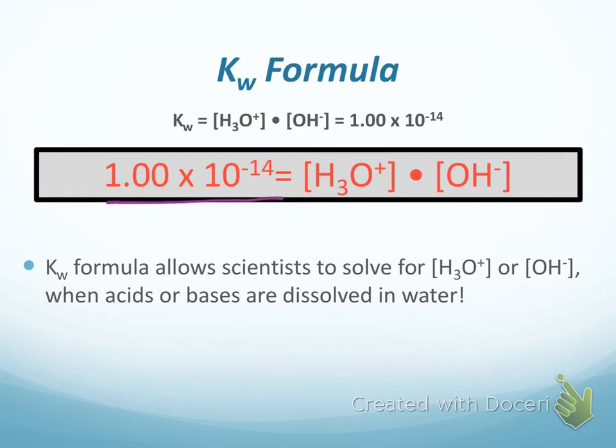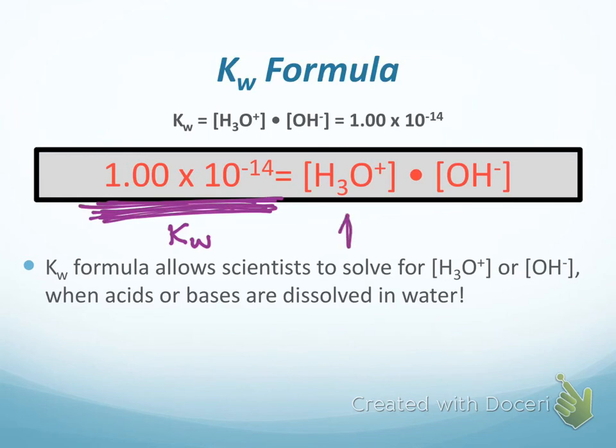We compare everything to water, and this 1 times 10 to the negative 14th is a constant that we've derived from water. And if we're dissolving acids and bases in water, we can always compare it to 1 times 10 to the negative 14th. And so let's think about that, right?